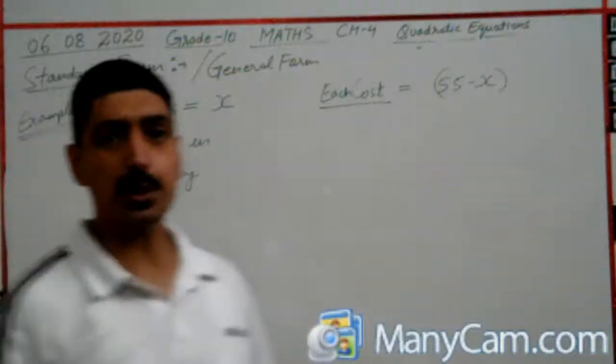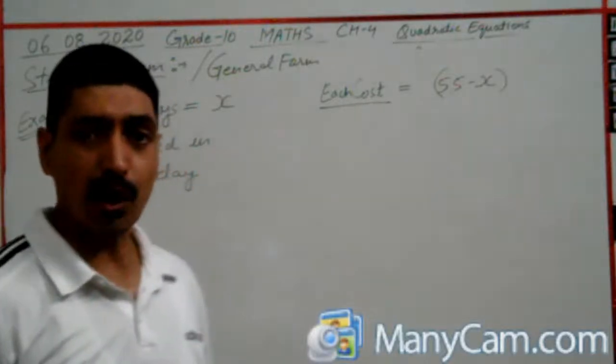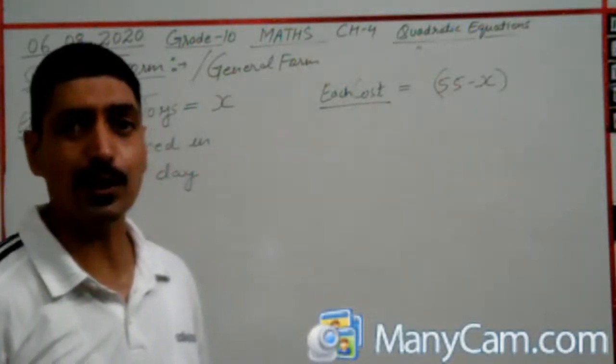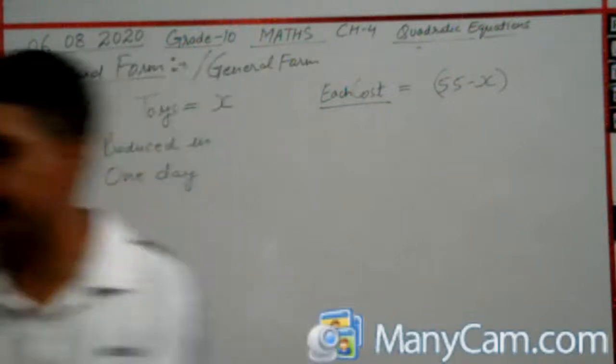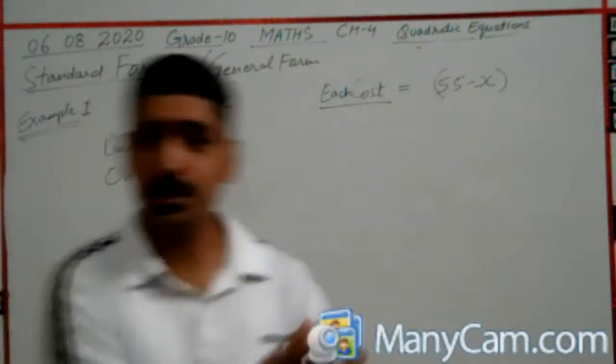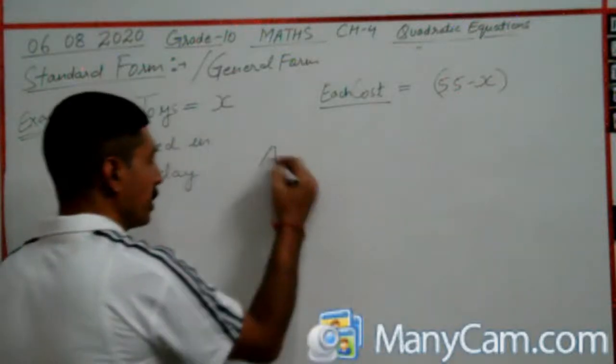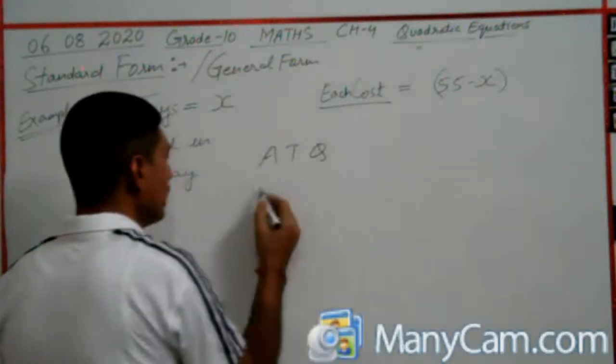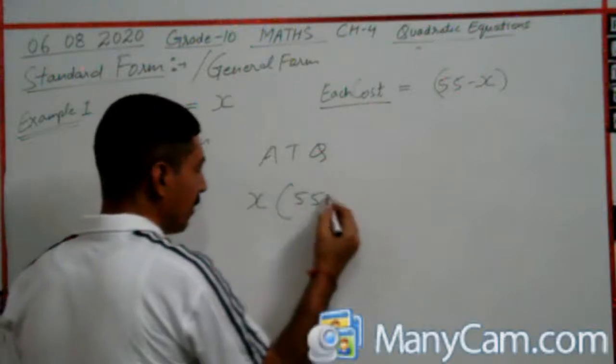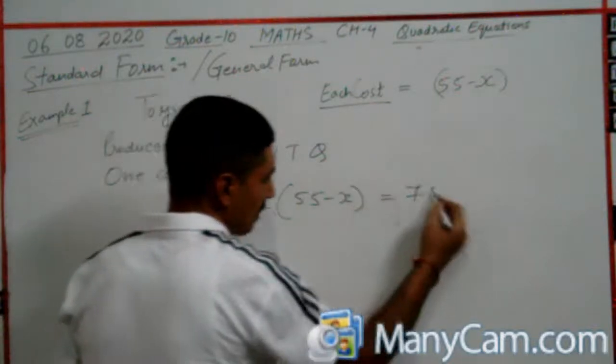Now according to the question, the total cost of all the toys is 750. So I hope you understood the statement. The statement is very simple. According to the question, we have x into 55 minus x is equal to 750.